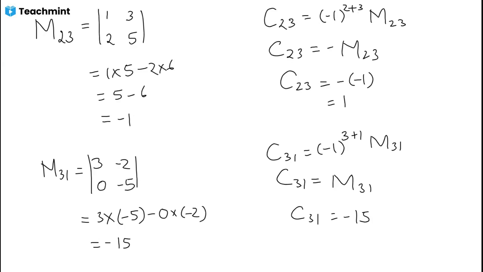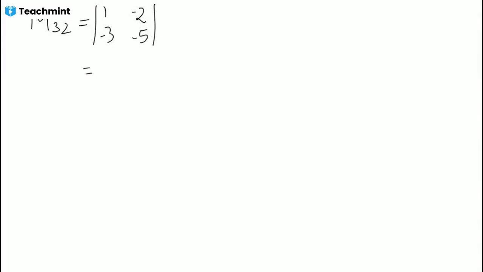Now let us find M32, which is equal to, just leave the element of third row and second column. So 1 minus 3 minus 2 and minus 5. 1 into minus 5 minus 3 into minus 2.